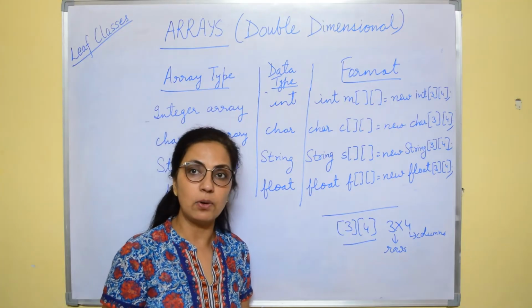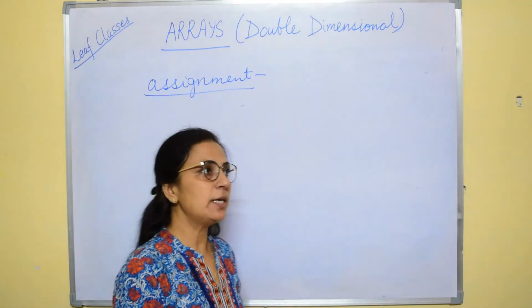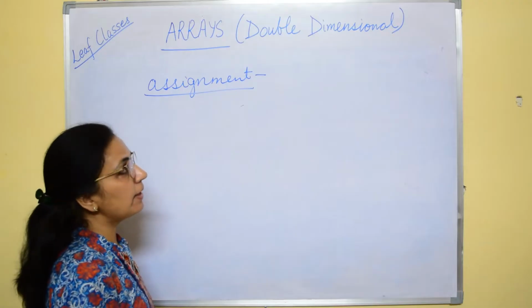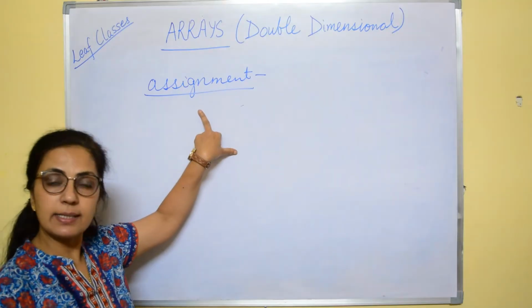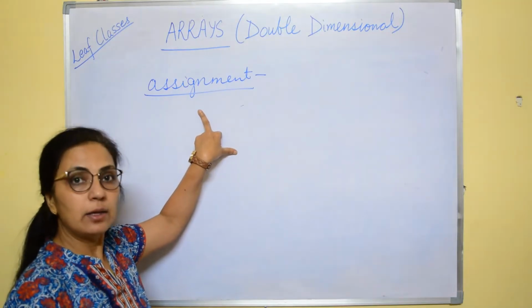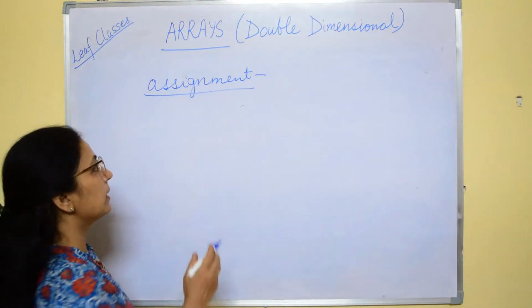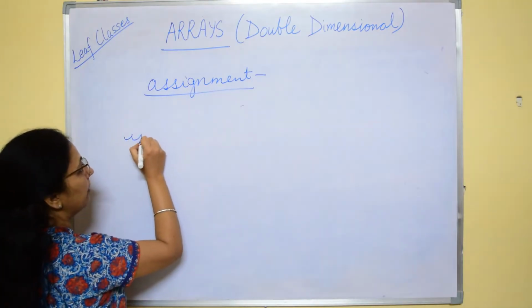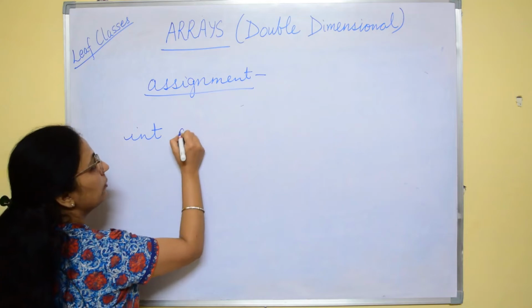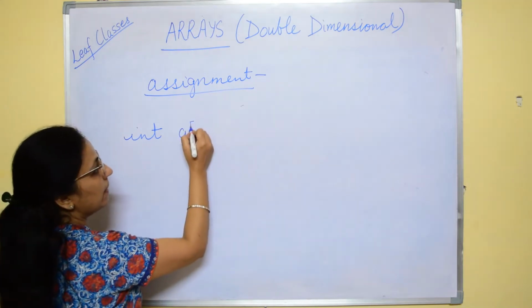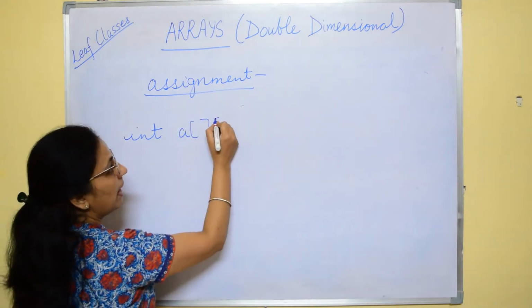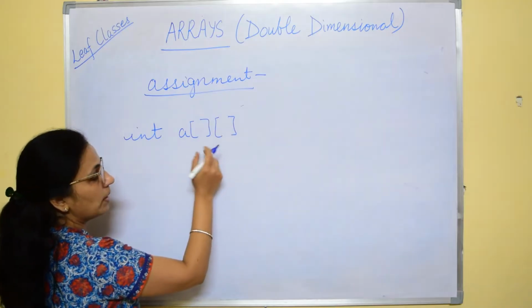array in the program. In double dimensional array we can give the values either by using assignment or using input method during the execution of the program. For assignment we write the data type, variable name and then twice square brackets.